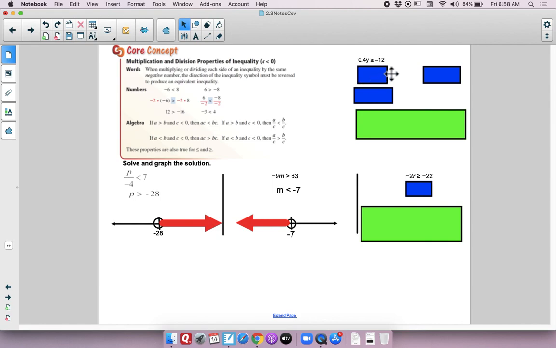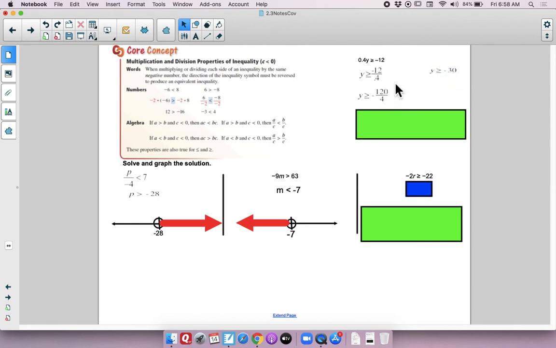All right, let's go up here to this one. Here you're going to divide by 0.4. Okay? And did you flip the switch on this one? Notice what I did. I moved the decimal place over for the numerator and the denominator to get rid of the decimal. 120 divided by 4, yep, is negative 30. Did you flip the switch? I hope not.